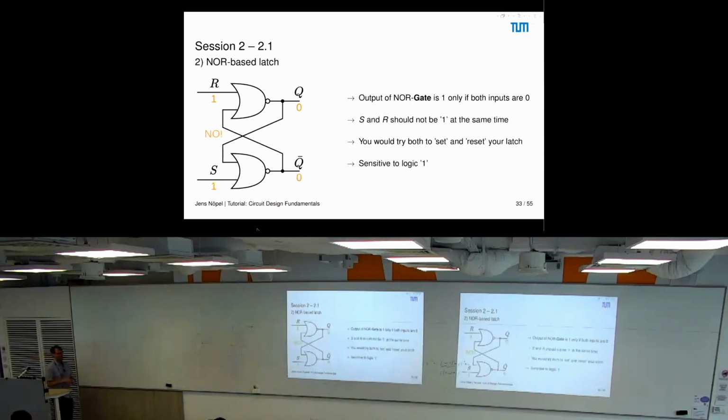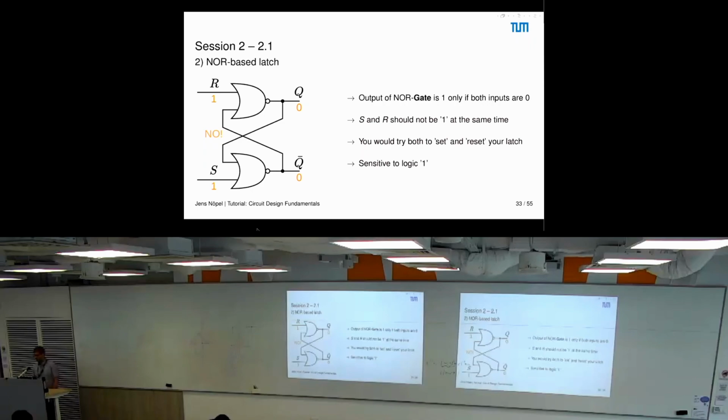And there are also states you should not use, right? So what happens if you set R and S both to 1? Then you would set and reset your NOR latch simultaneously, which is something that should definitely be avoided, because then you have, in both cases, a 0. And why is that a forbidden state?